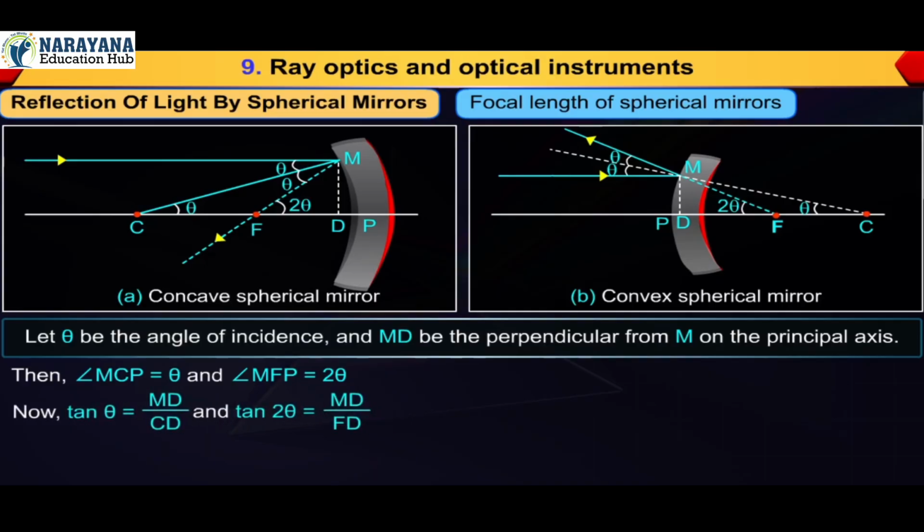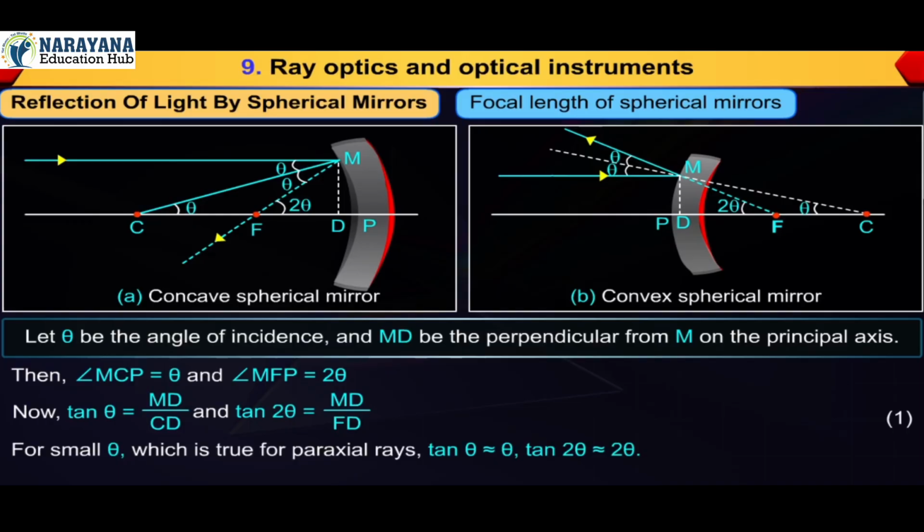Now tan theta is equal to MD upon CD, and tan 2 theta is equal to MD upon FD. Equation 1. For small theta, which is true for paraxial rays, tan theta is approximately equal to theta, and tan 2 theta is approximately equal to 2 theta.